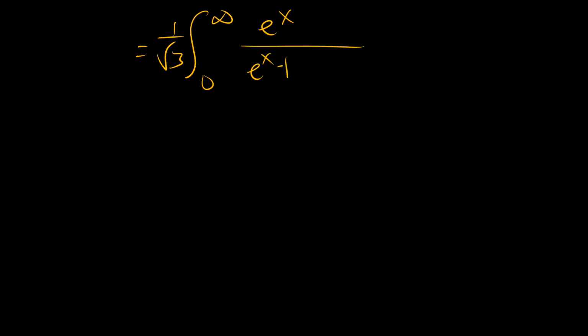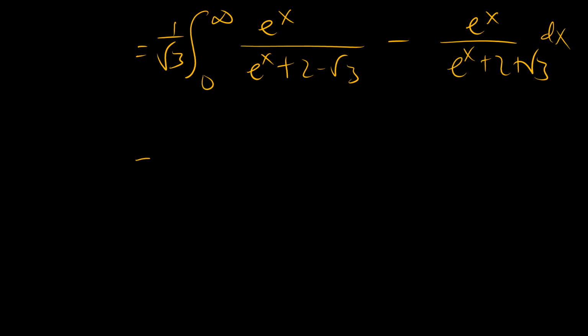And eventually now you have 0 to infinity, and we have 1 over root 3 out, of 1 over e to the x plus 2 minus root 3 minus 1 over e to the x plus 2 plus root 3.